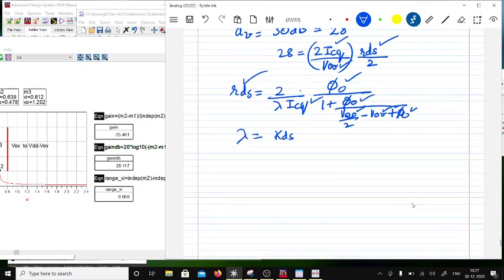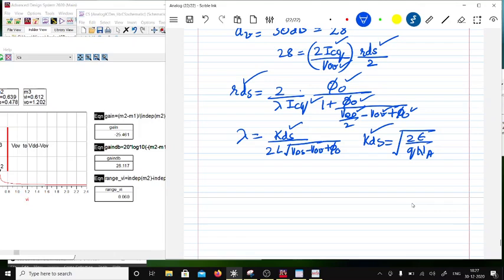Lambda is equal to KDS divided by twice of L of root of VDS minus V overdrive plus phi 0. Again, KDS is equal to root of twice of epsilon over QNA. So from a process point you have KDS. Now you have got lambda from that equation, right?